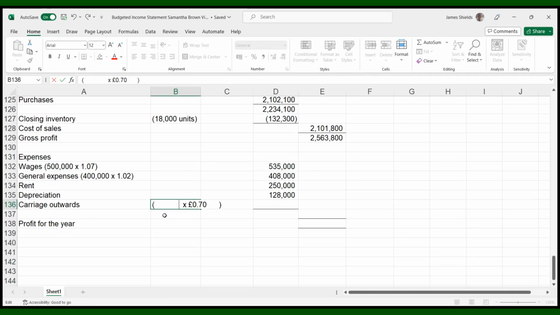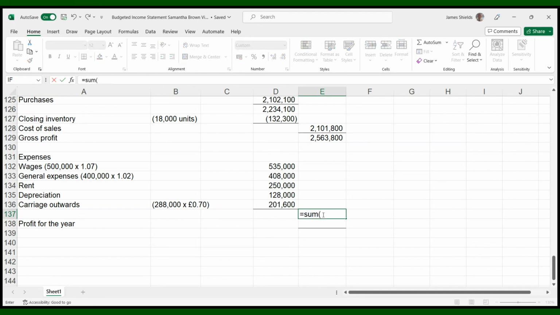So I can have 288,000, number of units sold, times the cost per unit of £0.70. That's going to give us 288,000 times 0.7, £201,600 for our carriage outwards.